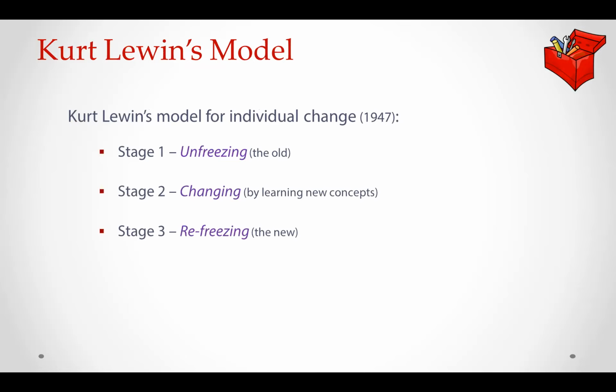Basically, it is unfreezing whatever old habits, old behaviors, old culture, old ways of thinking, old attitudes, unfreezing that first, and then changing by learning new things, new ways of looking at business, the world, the work we do, learning new behaviors, learning to have new perspectives and attitudes. So that's the changing phase.